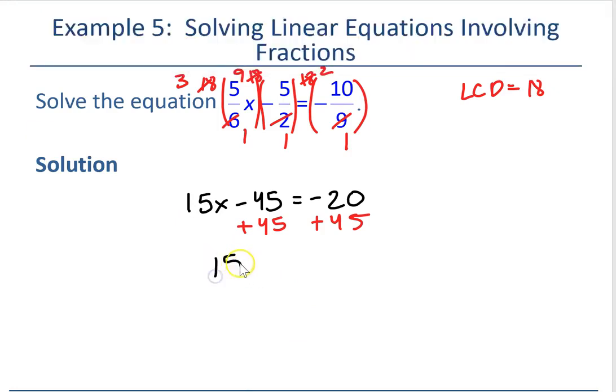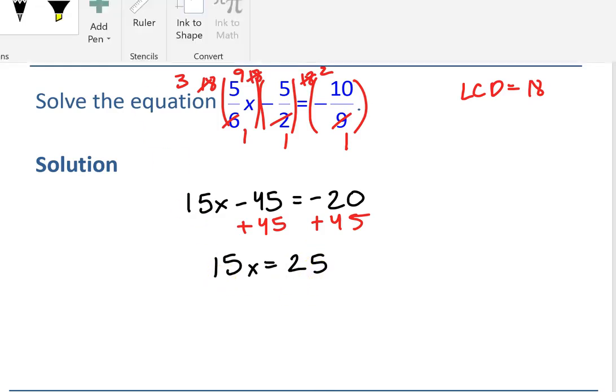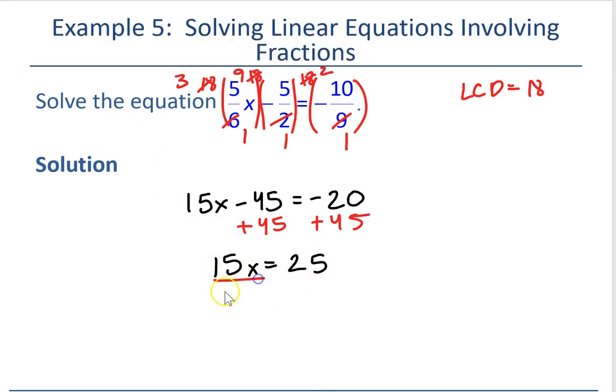Okay, so I've got 15x all equal to 25. Then I'm going to take the 15 and divide it from the x, like so. Then do 25 divided by 15, and that gives me 1.6. But remember, here's the trick. They gave this to me as a fraction, so I need to turn the answer back in as a fraction.